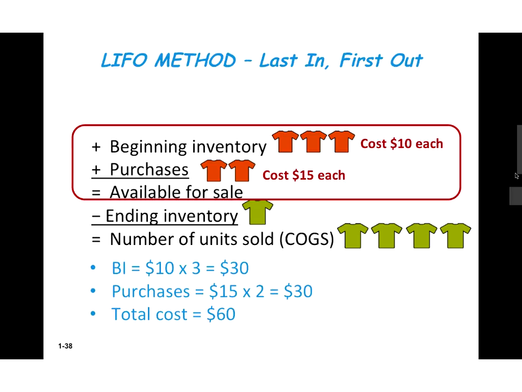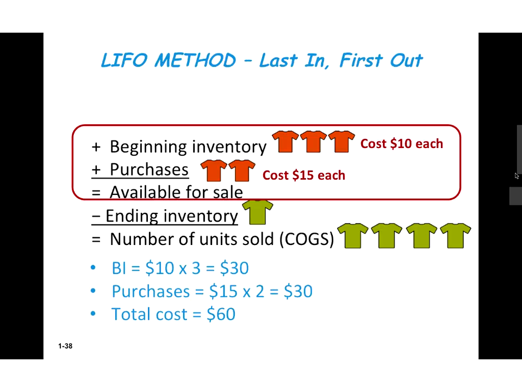Okay, so let's go back to our t-shirt example for the moment, and now we're going to do LIFO. LIFO means our last units in are our first ones out. Okay, so it simply means that the last units we purchased are the first ones we're selling. All of these assumptions, when we're talking FIFO or LIFO, they are simply accounting assumptions about the flow of cost, so that we can consistently apply it across everything.